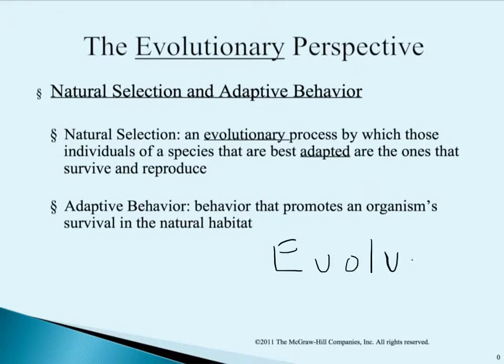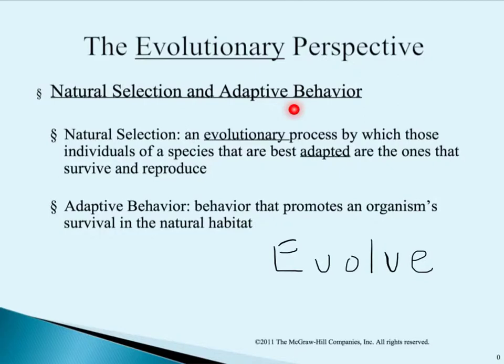Another theme of this evolutionary perspective is that humans evolve to survive in our complicated society, through 2 ideas: natural selection, nature selecting the strongest specimens, the strongest humans to survive, and those humans are strong because they can adapt to their environment.